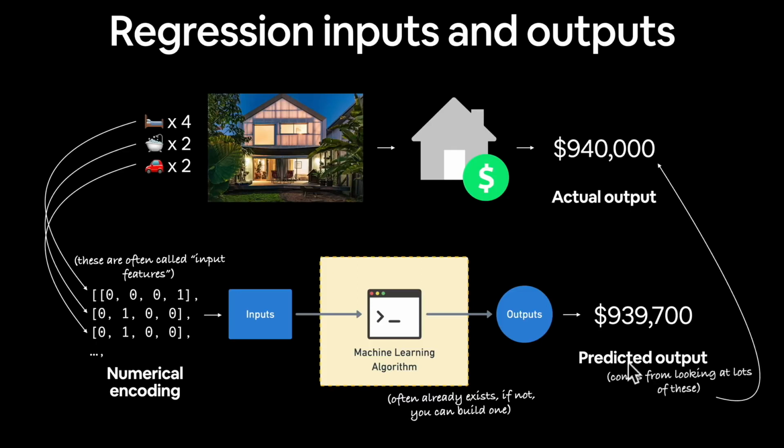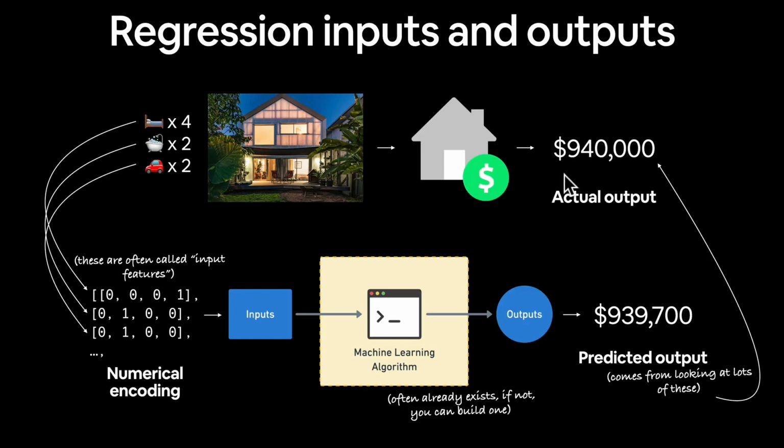Now, this predicted output comes from looking at lots of these actual outputs. So remember how we talked about supervised learning? Well, this is an example of supervised learning. So we might have 100 or 1,000 or tens of thousands of different homes with all of their input features and their actual sale price.